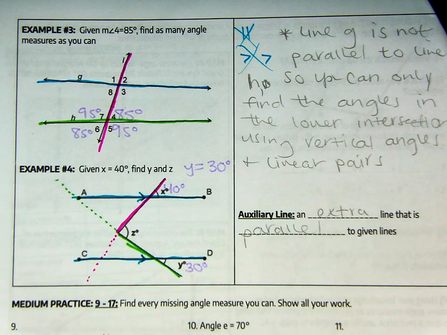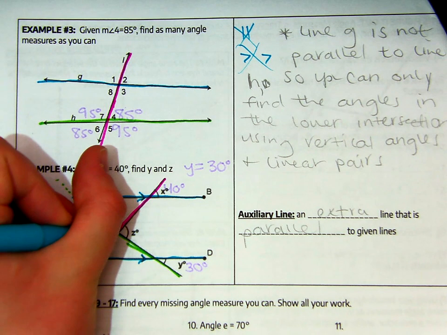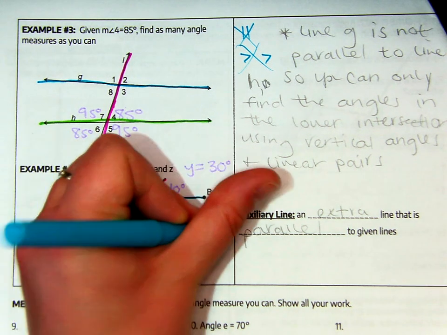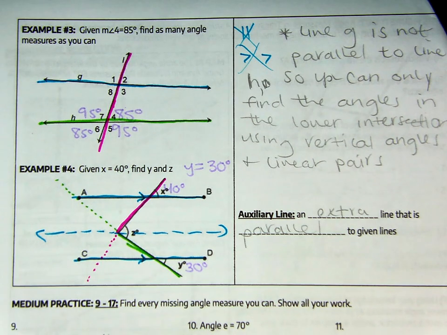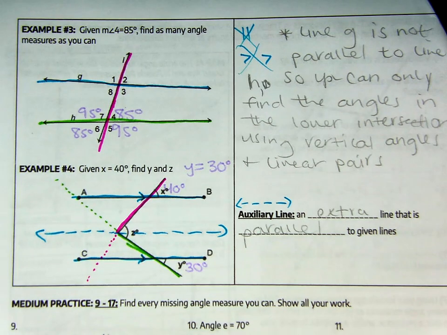I'm going to put it here, and you'll see why in a second. That's my auxiliary line, dashed. And so what that helps me is now I've created a couple extra mini transversals within this picture.